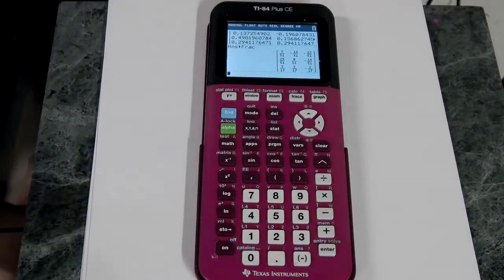So this is what I would like you to do. Just to play around with the graphing calculator, see if you can find the determinant and inverse of a 2x2 and a 3x3. Because next time we are going to solve system of equations, system of 2 and system of 3 using determinants and inverses.